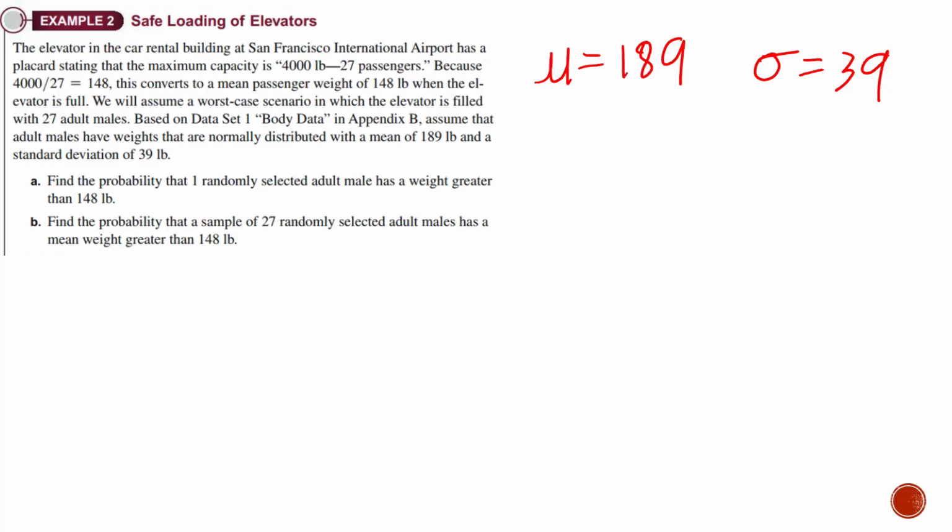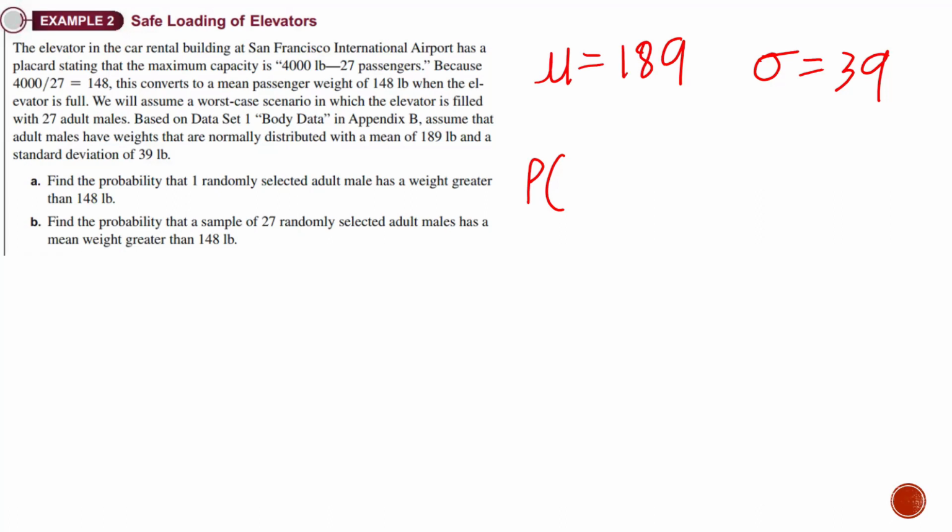Does everyone follow what I'm saying? No, you don't use the central limit theorem, because it talks about the distribution of sample means. There is no sample, it's just one person. So we are trying to find the probability, and should I write x bar, or just x?